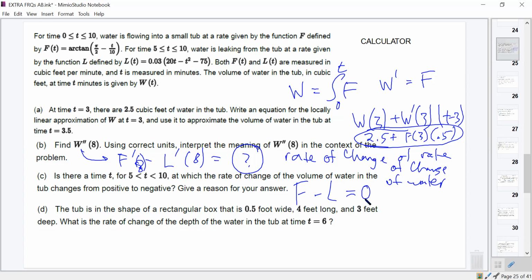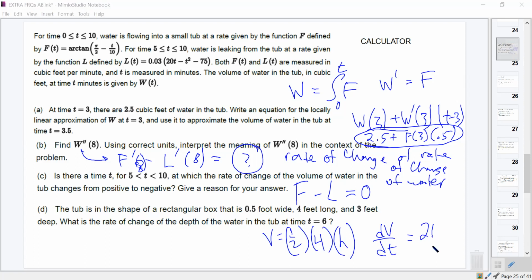So the volume of this amount of water should always equal 1/2 of the width times 4 times whatever the height is at any given time. So our rate of change, dV dt, ought to just be 2, since that's already 2h, that ought to just be 2 dh dt.